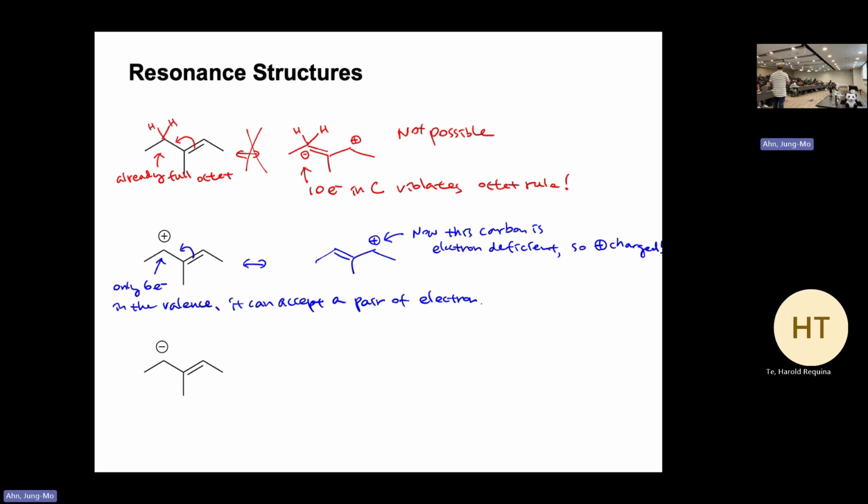What about the negatively charged carbon? How many hydrogens does this carbon have? 3? Well, you're talking about this? That's a 5 bonding carbon. There's no way we can have that. What this negatively charged carbon means is that it has only 1 hydrogen. This negative charge is an extra pair of electrons.